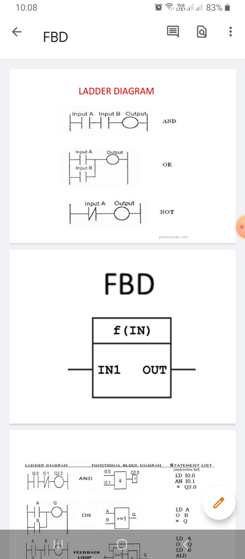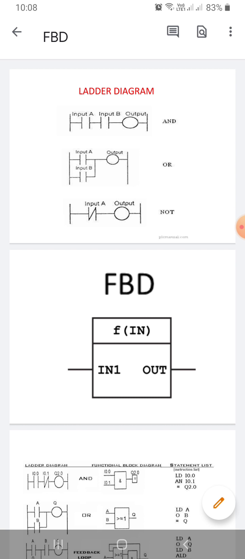A particular input or output can appear in more than one rung of a ladder, and all the inputs and outputs are identified by their addresses and the notations used by the manufacturer of the PLC.